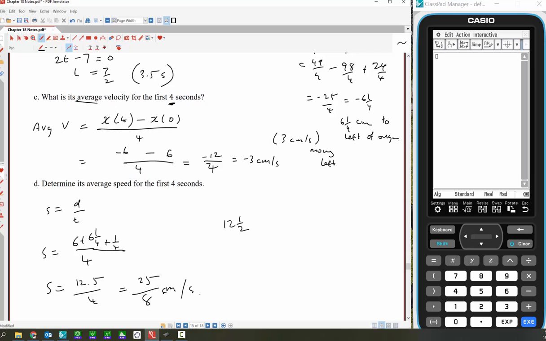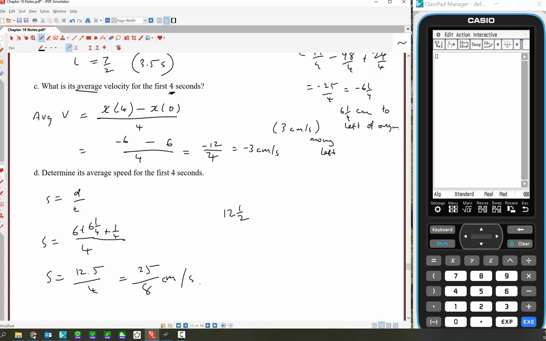Again, speed is quoted as a positive value, and it's a different measurement to average velocity. So the average speed and average velocity do not yield the same results.